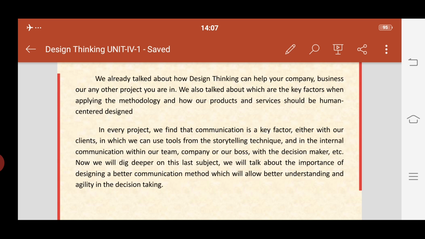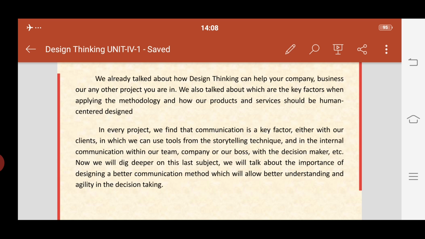Whatever you need to ask, the faculty can reply to the students with the exact answer. This is the concept of the importance of communication in design thinking.